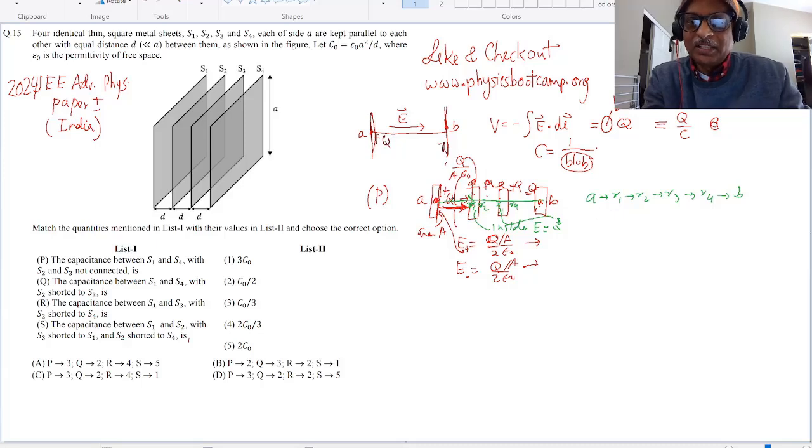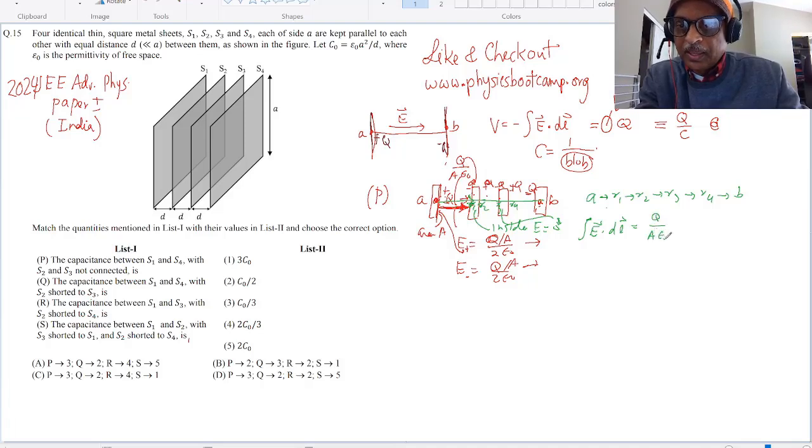Then clearly, when I do E dot dl, from here I'm going to get Q over A epsilon naught.